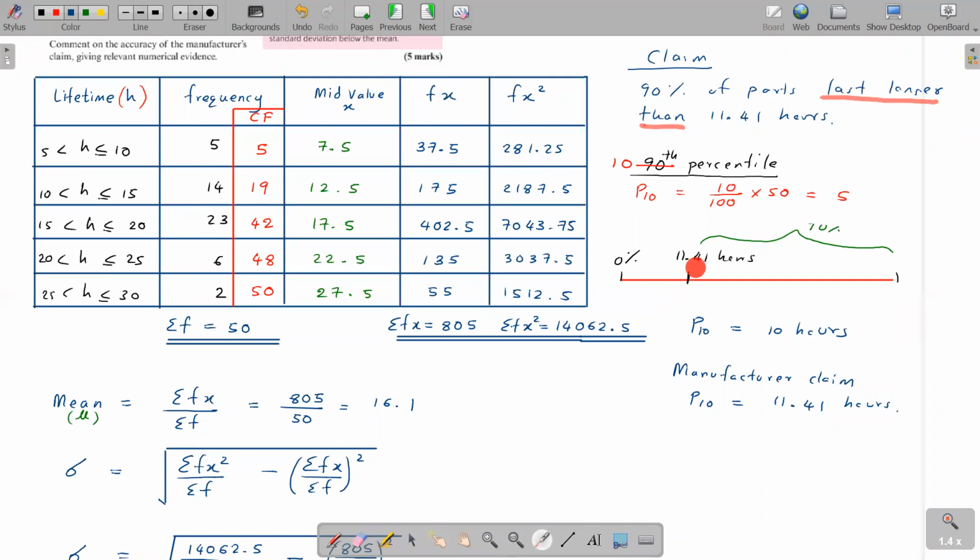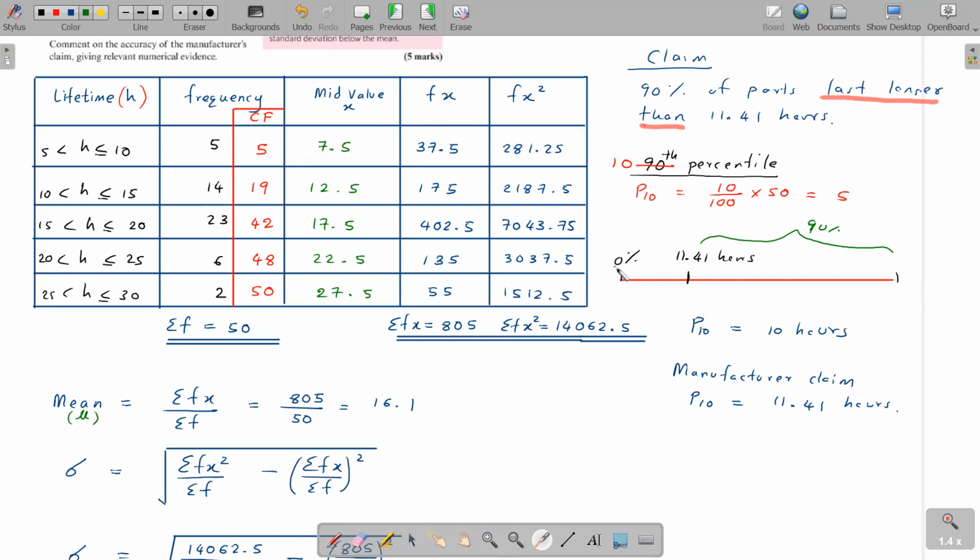Which means, what do you have to say about the 90%? You can say the truth is that 90% of the parts are lasting longer than only 10 hours. Is 90% of the parts lasting longer than 11.41 hours? The correct 10th percentile is 10 hours.